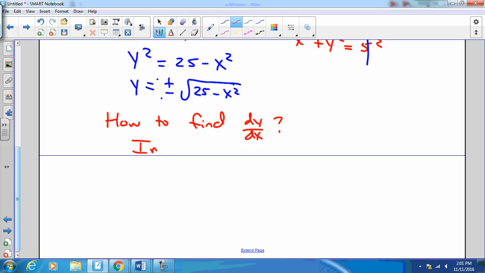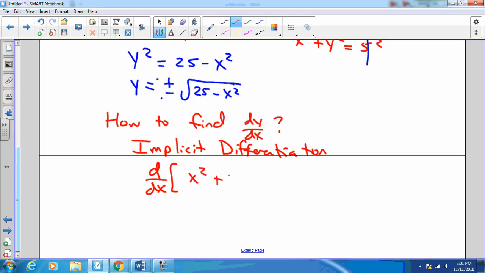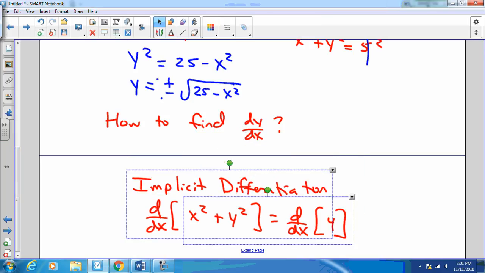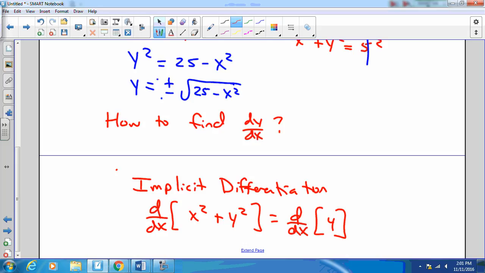This process we call implicit differentiation. It's called implicit because rather than writing y equals f of x, an explicit representation for y, instead we are going to take a relation between x and y.